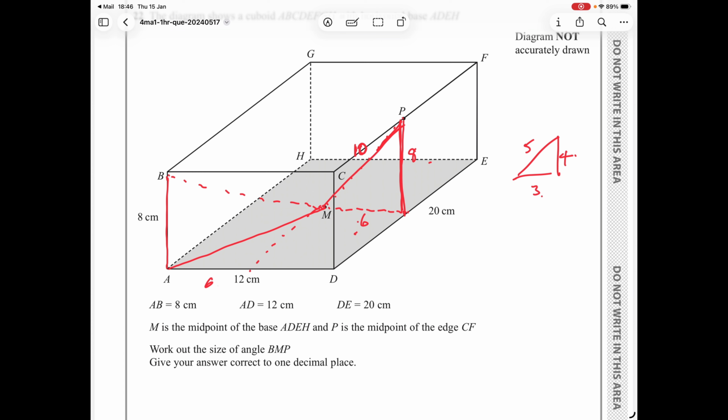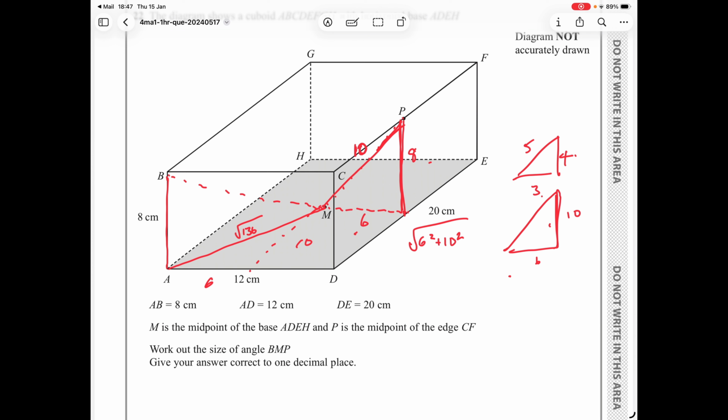That is 10. So 6 squared plus 10 squared, square rooted, is 36 plus 100, which is 136, and the square root of 136 is this bit.